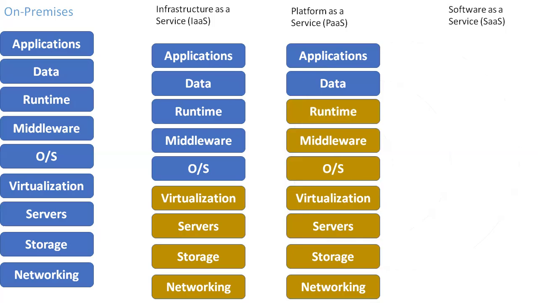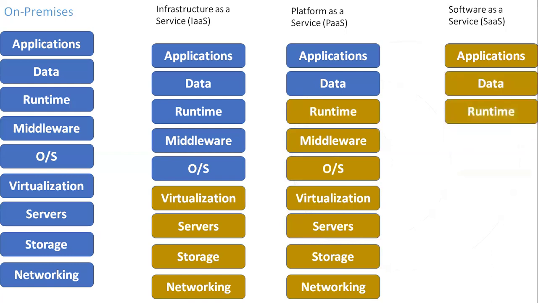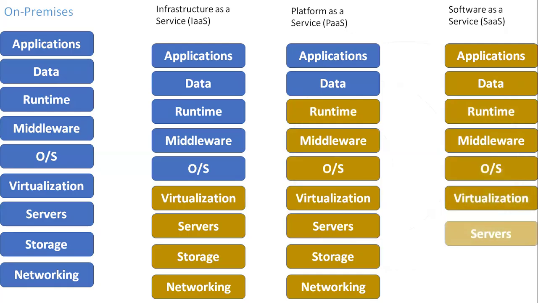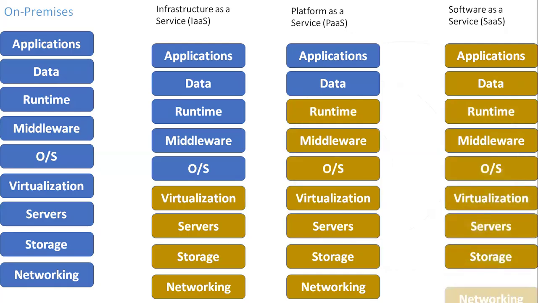That is called software as a service. With software as a service in cloud computing, the application, data, runtime environment, middleware, operating system, virtualization, server, storage, and networking are all managed by the cloud service provider. As a user, you just concentrate on using the application and running your business. No need to take care of anything.